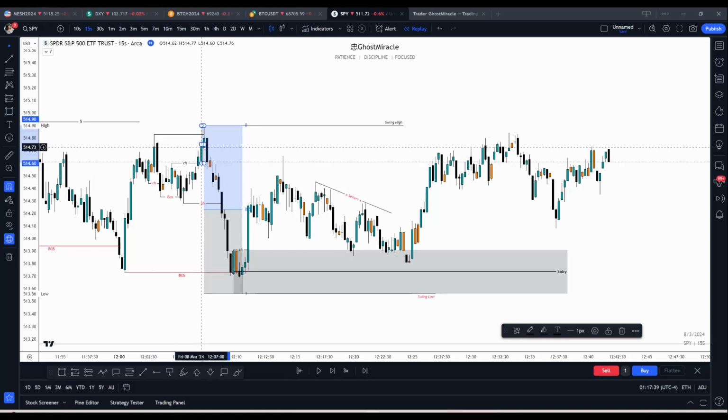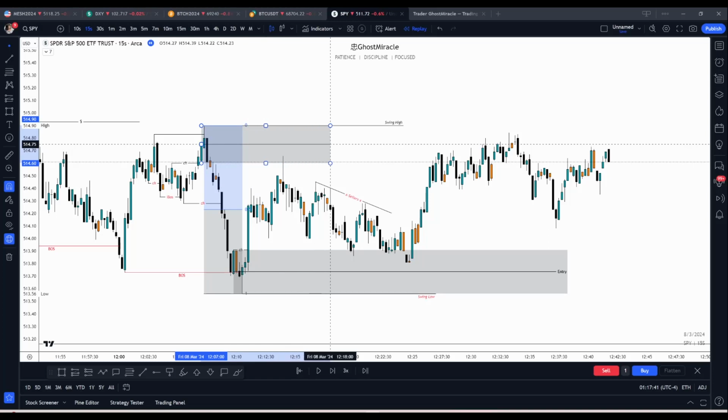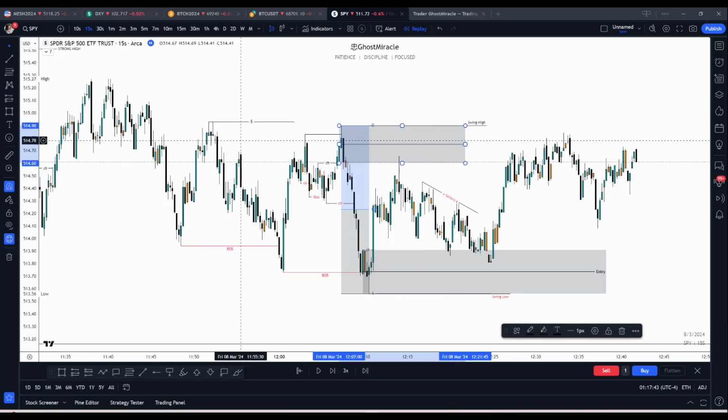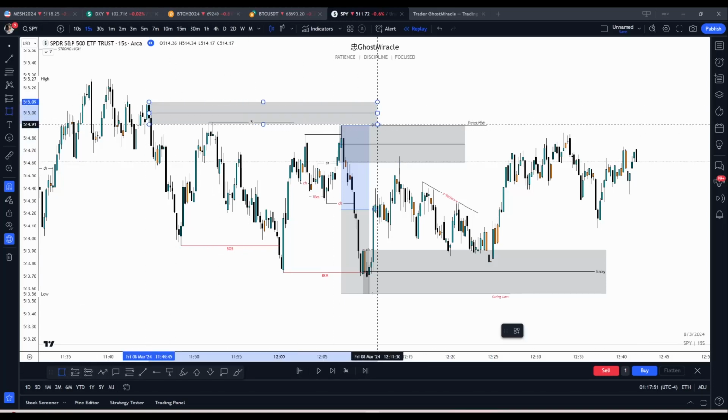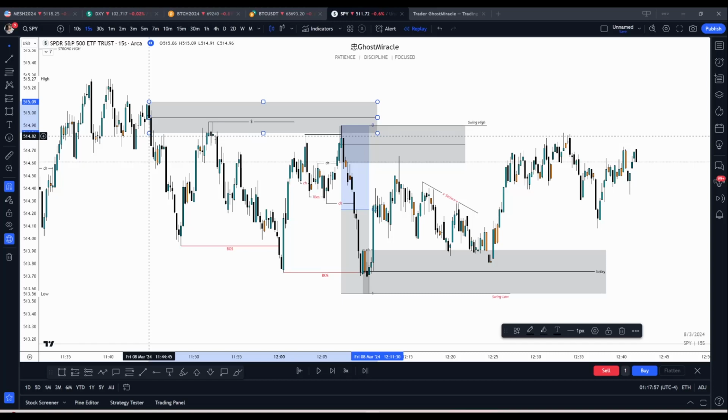So that would make this a valid supply, being that it swept or broke this high, basically mitigating whatever was up here. Something to the left side that wasn't mitigated, I'm assuming. Oh no, that mitigated.